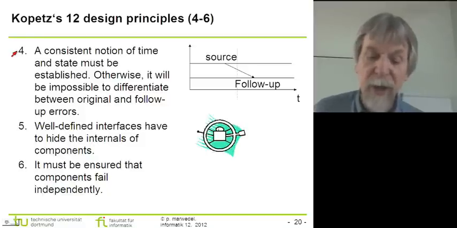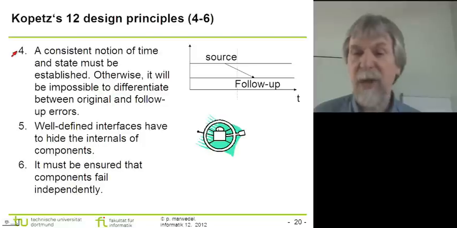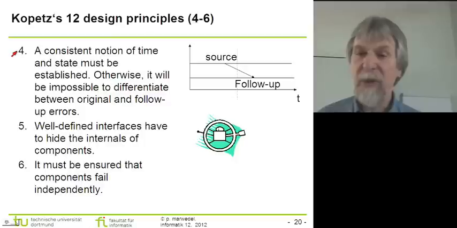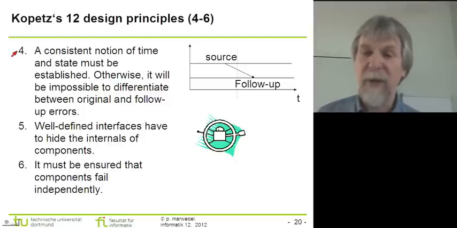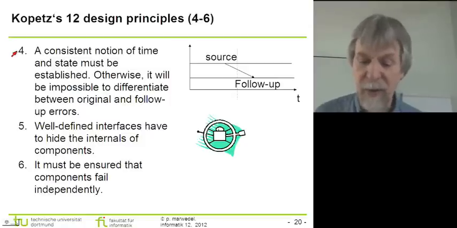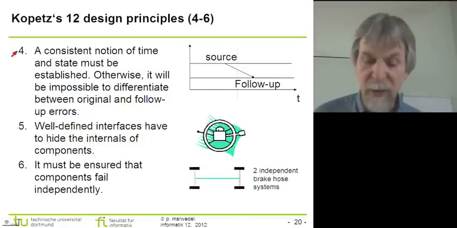Then furthermore, we must be using well-defined interfaces to hide the internals of components. When we design a car, for example, we are having a steering wheel, and we are hiding from the driver all the complicated actions that are involved with controlling the direction of the car.